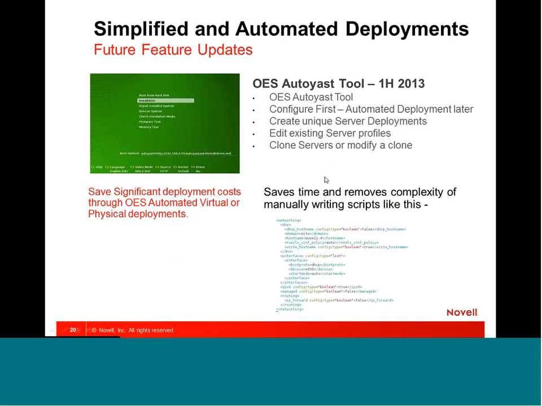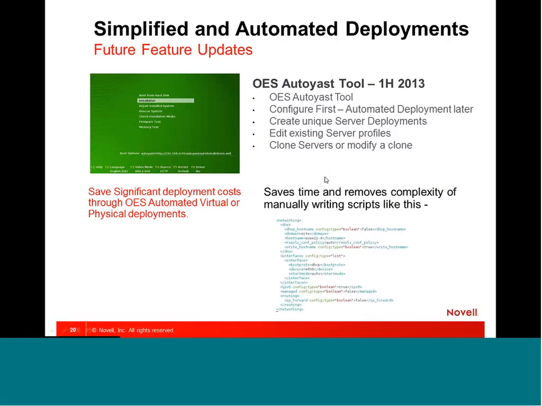So let me move on. Another thing that is coming, probably into the first half of 2013, is an OES AutoYaST tool. If you're familiar with the NetWare response file generator that we had back in the NetWare days, it could be something similar to that, where you go through the screens telling this tool what you want the server to be, and then it spits out a file, and then you could automatically have an unattended install with that.